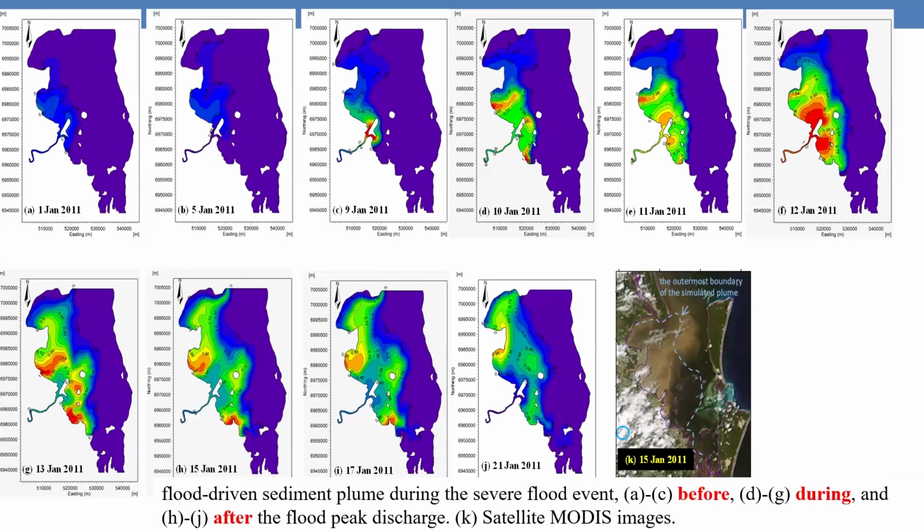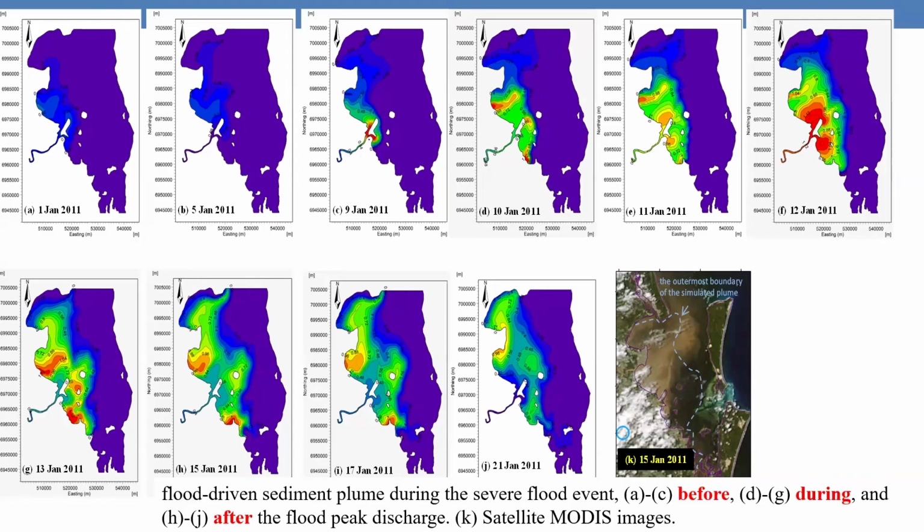Here are some results we are having. For the result over here, this is a flooding event. For this flooding event, initially, you can see the 1st of January, you start to have the flow coming. So that's before the flood.